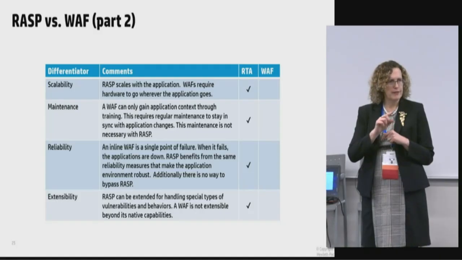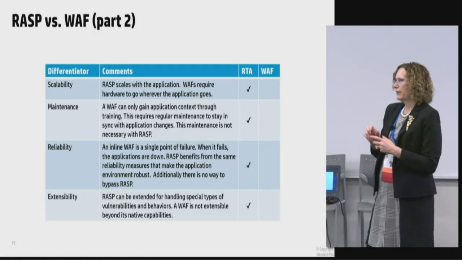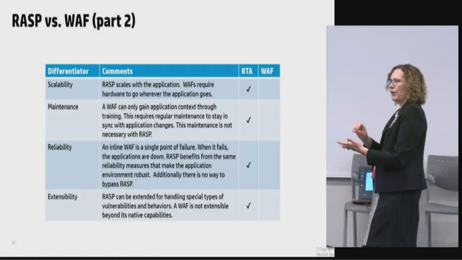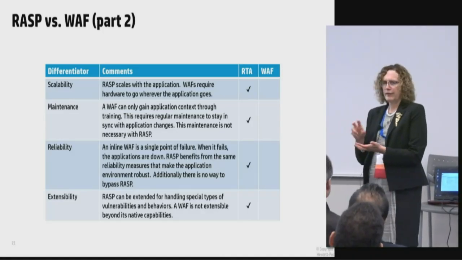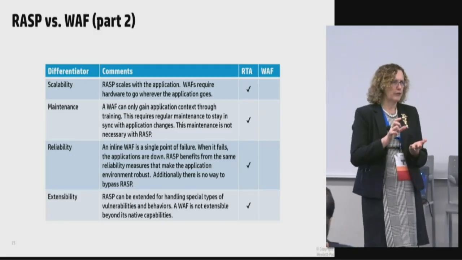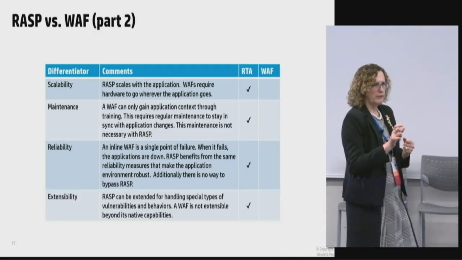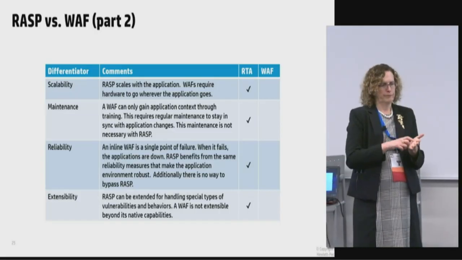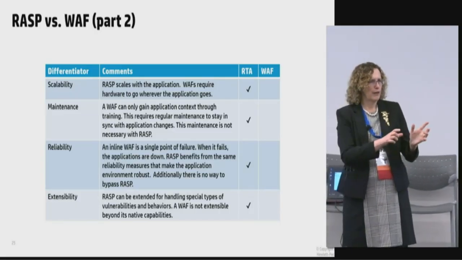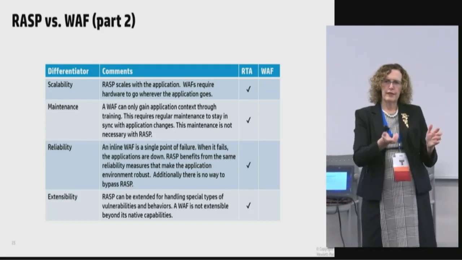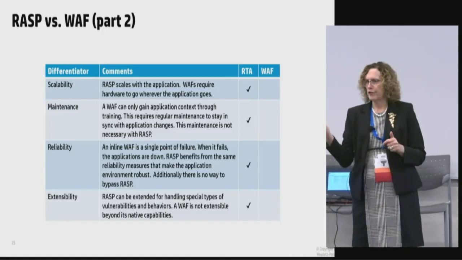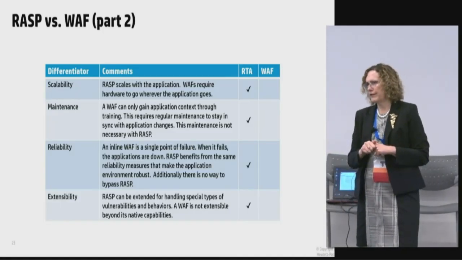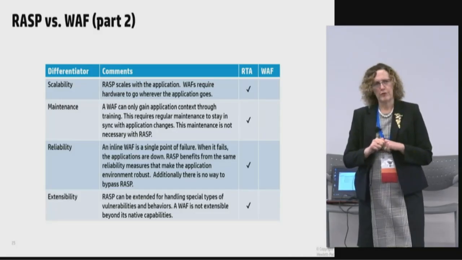It understands what the normal behavior in your application is, and it will detect the fact that some malicious code is being executed. So if you don't have proper validation on a field, and you can actually execute code in that field, RASP would detect that the code is being executed and it's not supposed to be.